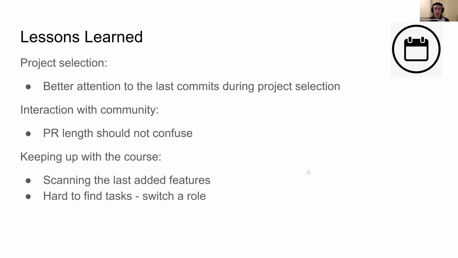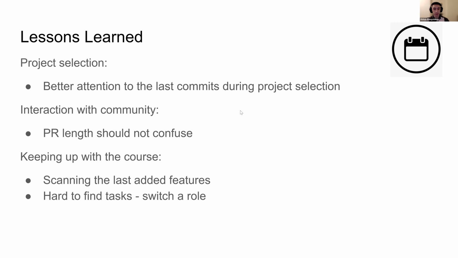If the student tries to select some project, they better open some recently closed commits and see with what messages they were closed. And if this message resembles that the project is in a freeze mode, it would be a bad sign for the project, because a project in the freeze mode is really hard to contribute to as a developer.